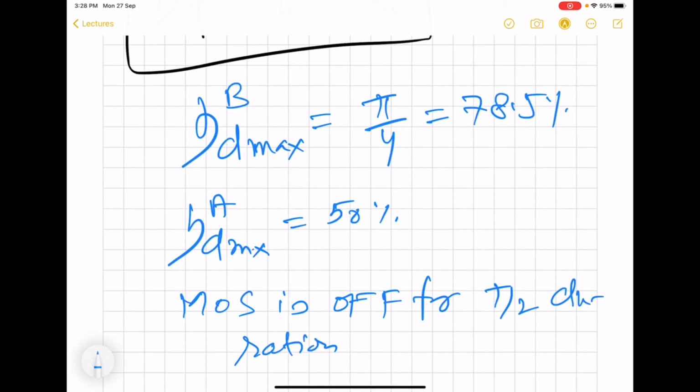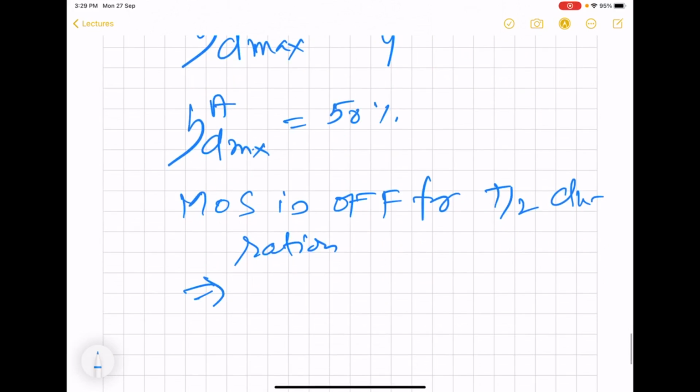So by keeping the MOS off for half of the cycle, we have been able to reduce the power dissipation. And that has led to the increment in the efficiency.